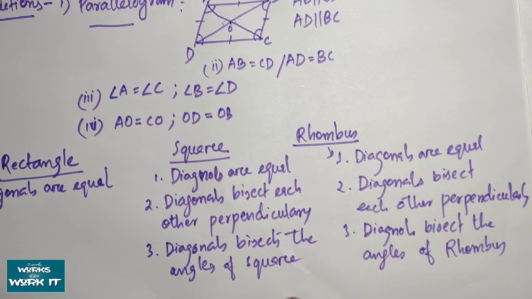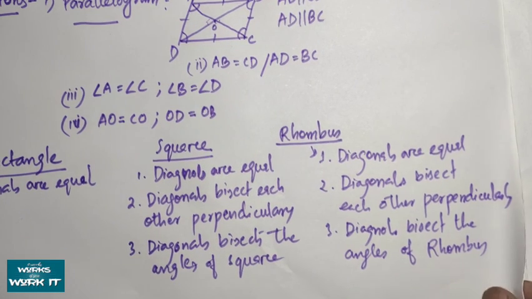So if you see the properties of square and rhombus, they have the same properties here. The only difference between the square and rhombus is that the corner angles of a square are 90-degree angles, and in a rhombus the corner angles are not 90 degrees.